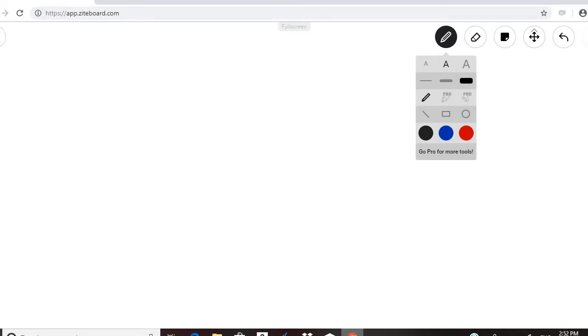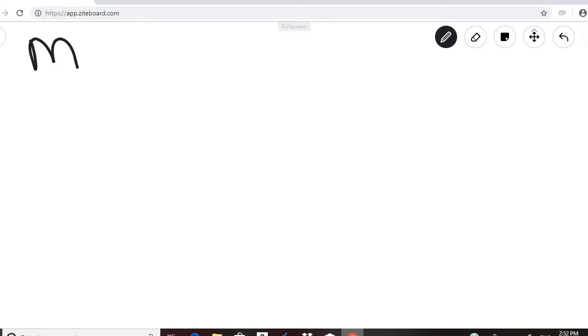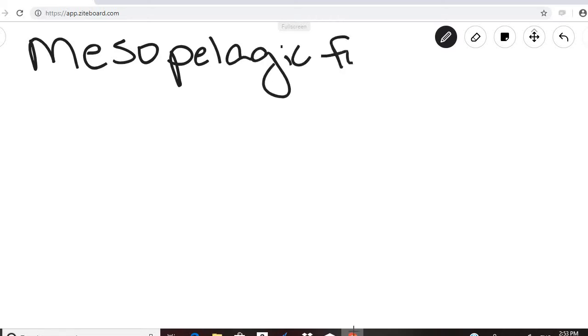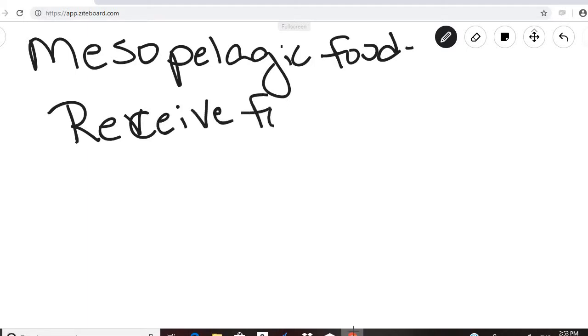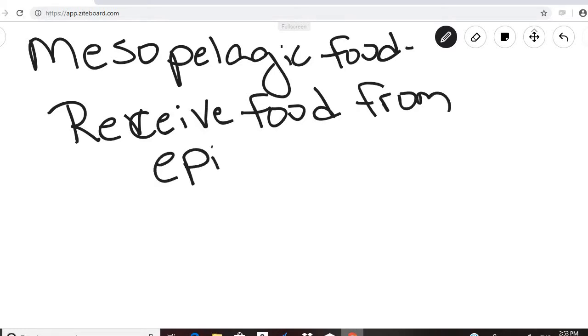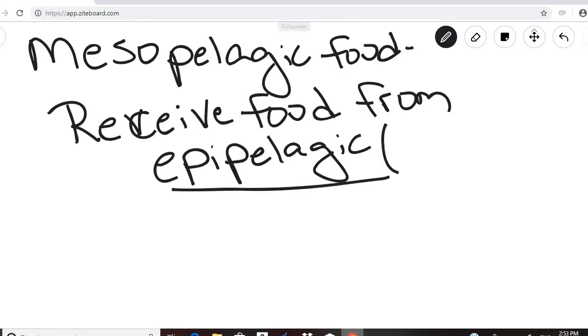In terms of where they get their food, so where does the food come from in the mesopelagic area? Well, because there are no producers, they receive their food from the epipelagic area. That area, the epipelagic, as we said, is highly productive.